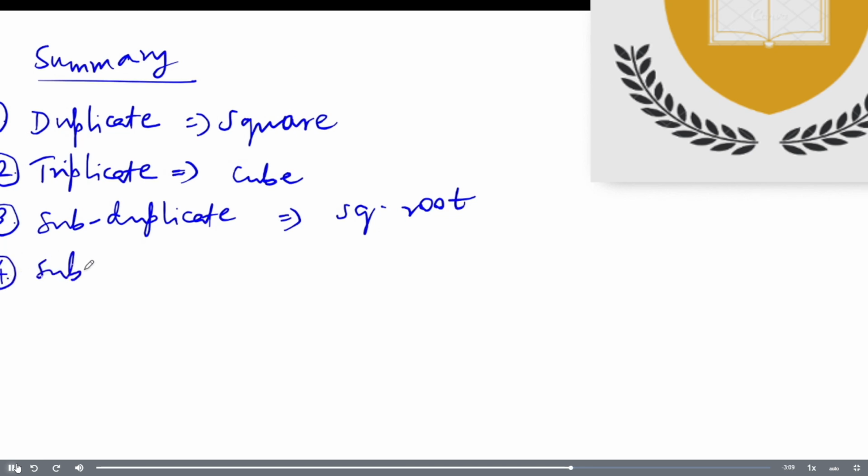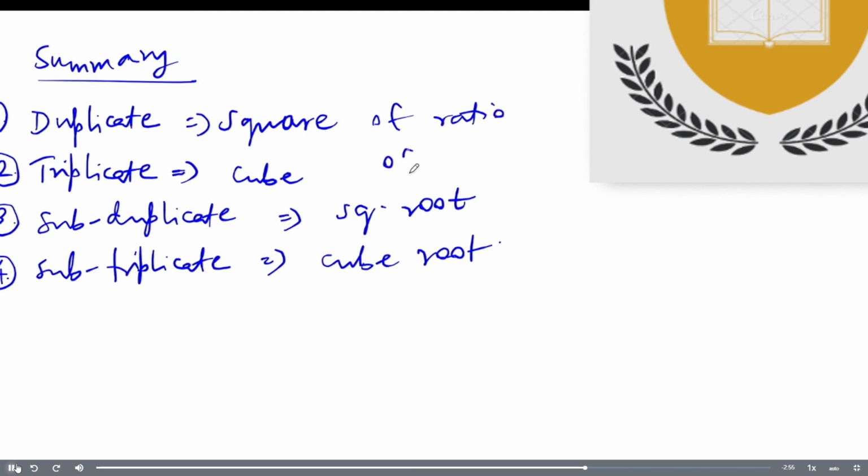We have seen what is a sub-triplicate ratio. That is a cube root. So you have to be thorough with all these meanings and definitions so that you can answer the questions, also the options given, as well as find the answer to any problems.